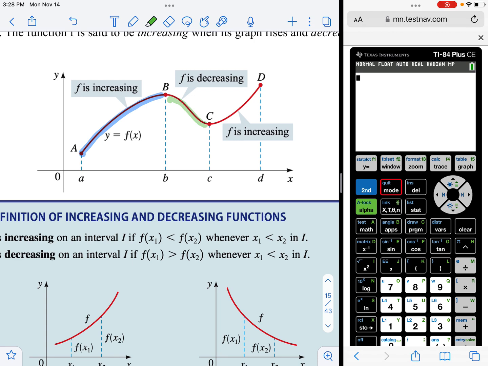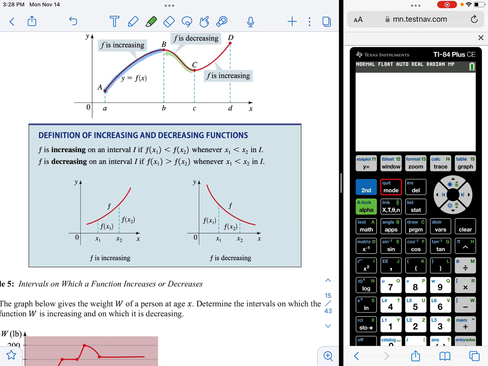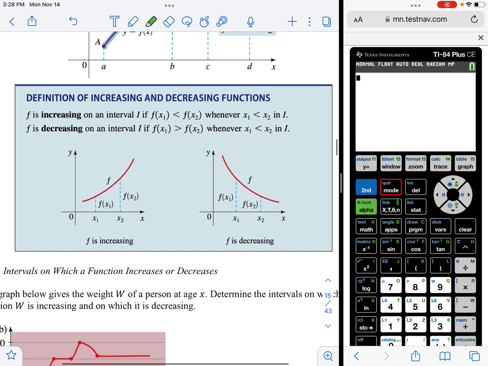And so these two characteristics of a function are formally described with the following definition. It's kind of hard to understand these definitions, I think, but I'll walk you through it really quickly. If a function is increasing, the function at a certain x value is less than the function at the next x value, assuming that x sub 1 is less than x sub 2.